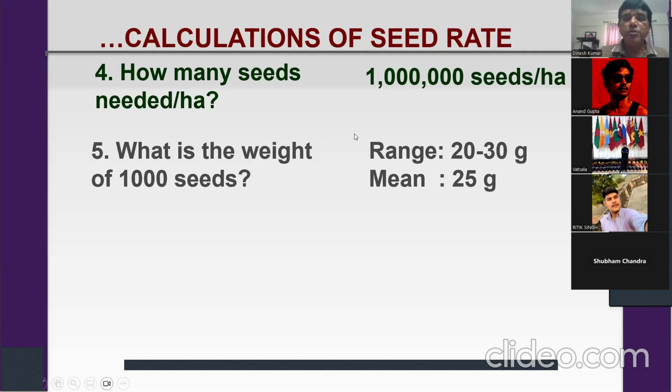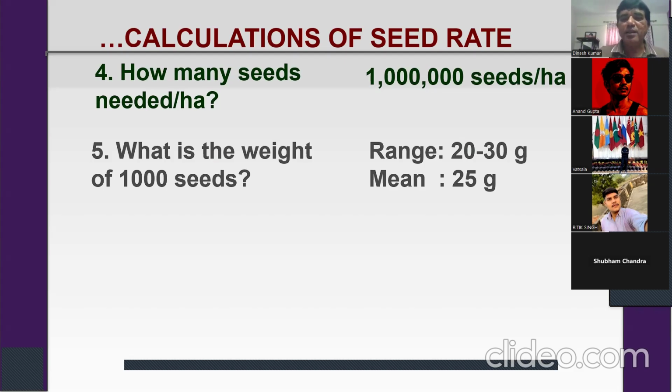Then we need to know the 1,000 seed weight, which normally ranges between 20 to 30 grams in the case of rice, and this is the weight of paddy, coarse rice or rough rice. So if we take the mean, the 1,000 seed weight is 25 gram.